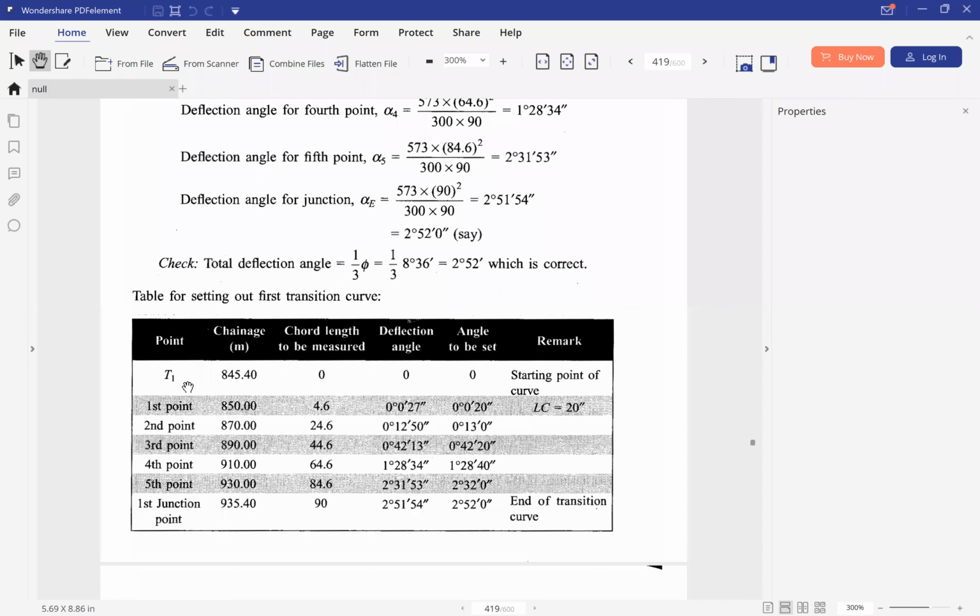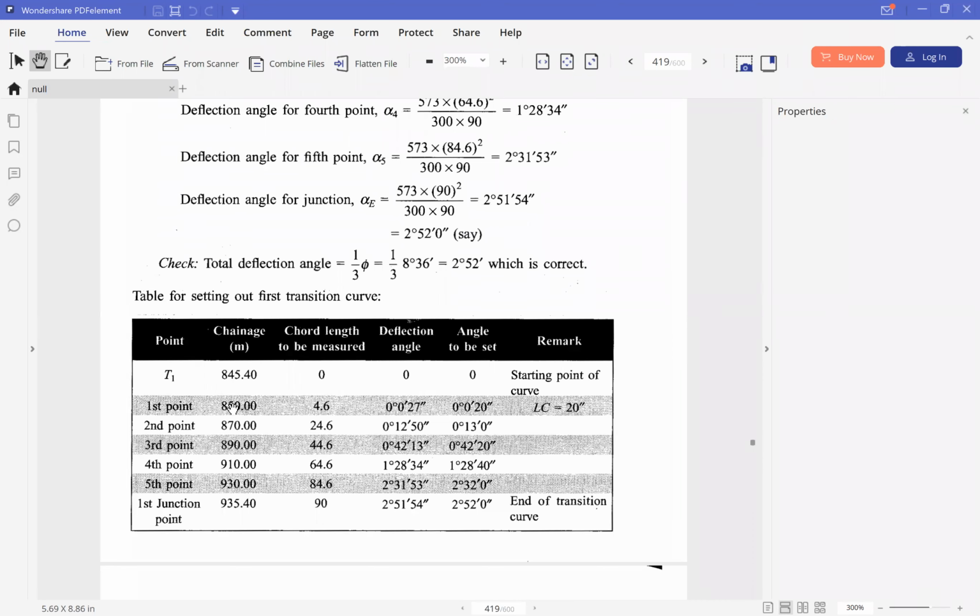Now the first point is T1 and the chainage of the starting point which we calculated was 845.40, right? And then we have the chord length to be measured, that is this third column. Then we have the deflection angle and the angle to be set.